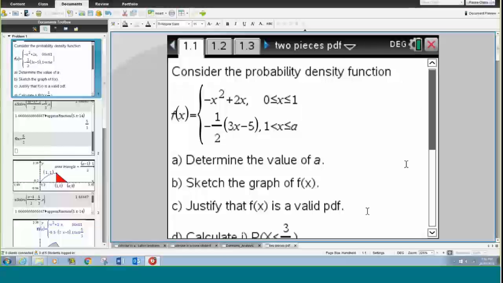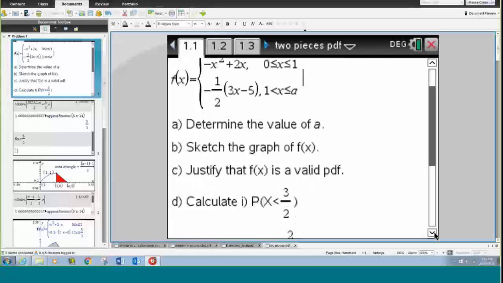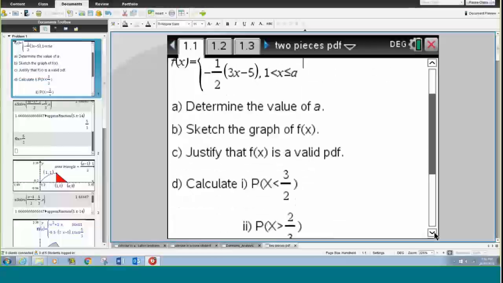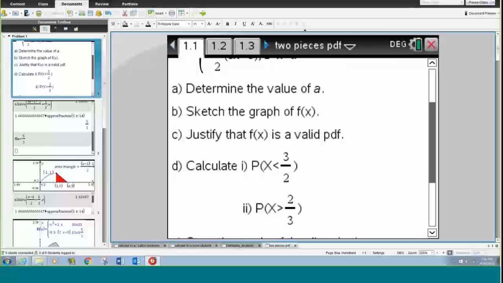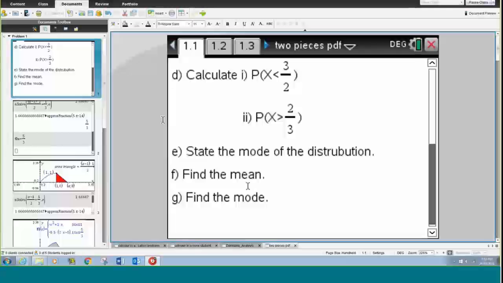So we look at the piecewise function being a probability density function when we have a pronumeral in the second interval. We want to find the value of A, sketch the graph, justify that this function for the given value of A is a valid probability density function, calculate those two probabilities, and then state the mode, mean, and median, should be here, sorry.